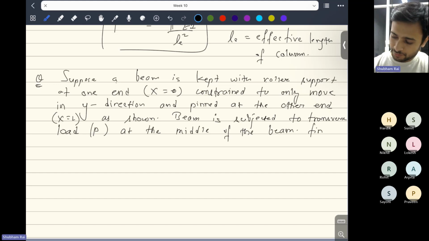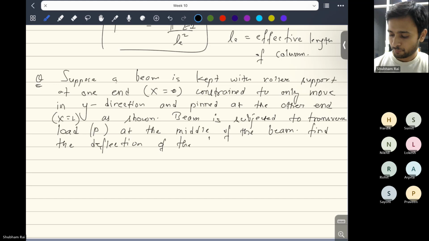We have to find the deflection of the beam using Euler-Bernoulli beam theory.